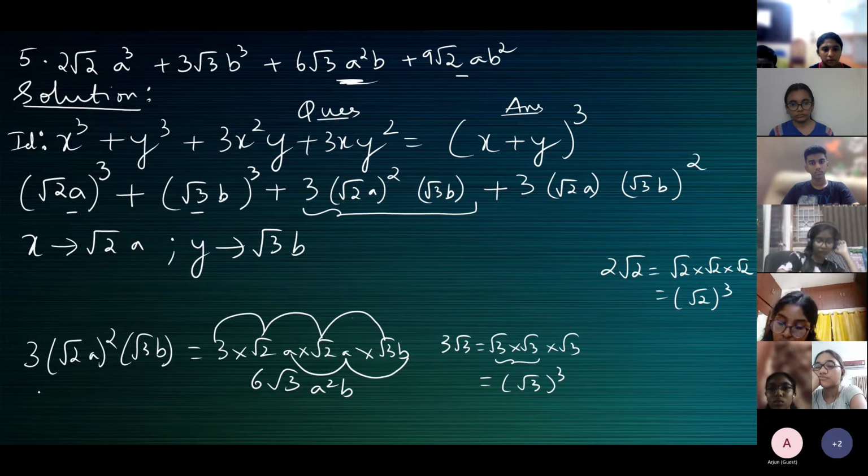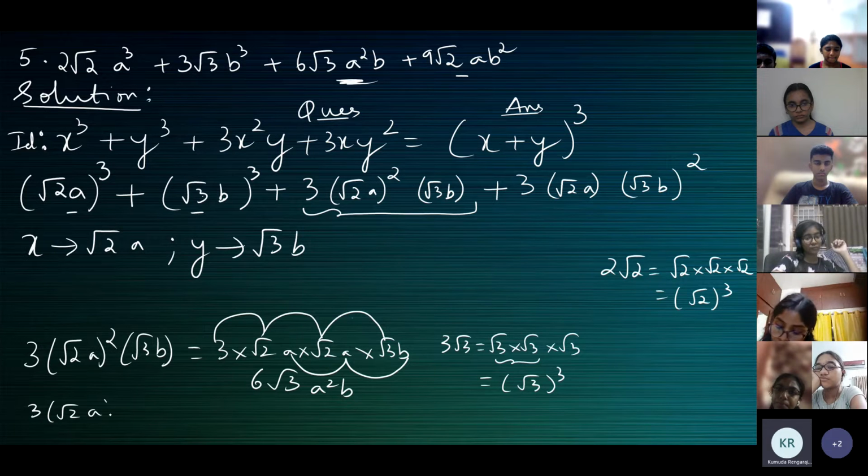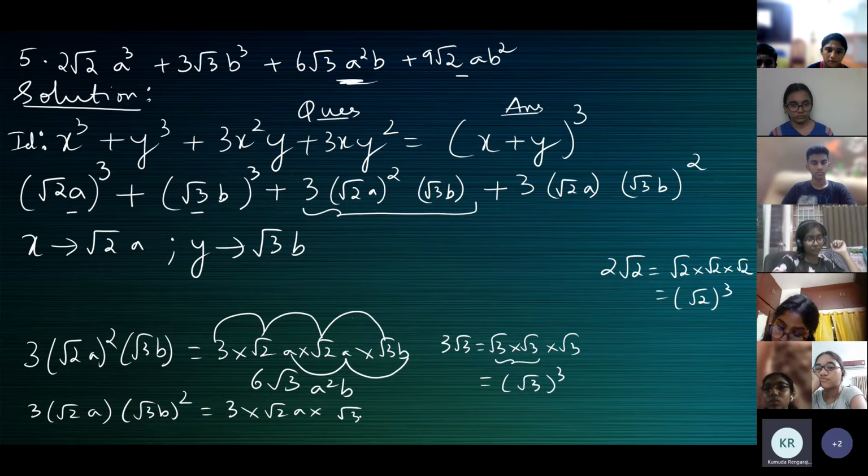And the next one, 3 into root 2a into root 3b, the whole square. What is that? 3 into root 2a into root 3b into root 3b. So root 3 into root 3 is 3, and 3 into 3 is 9. 9 into root 2 is 9 root 2.